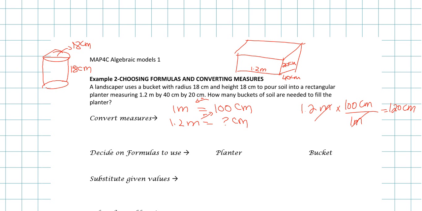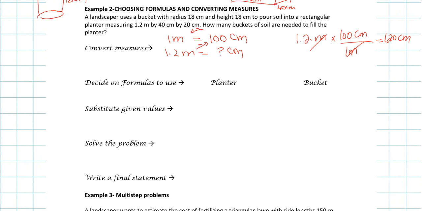Now I can use my formulas to find the volume. I know that I have to find the volume of the planter, which is length times width times height. And I have to find the volume of the bucket, which is pi r squared h.